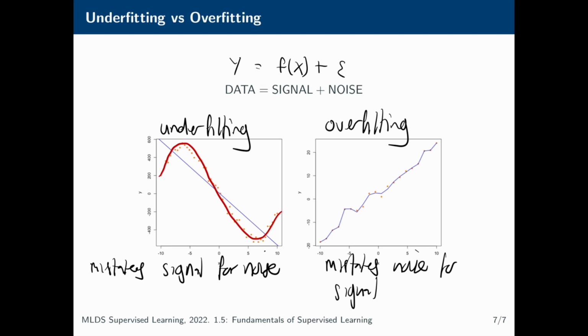And the very flexible models that one encounters in machine learning are very prone to this second mode of failure. Here what's going on is that our parametric family is too rich. It's so flexible that it accommodates fluctuations in the data that are due to the errors epsilon and not due to f. So what goes wrong here is that the model will fail badly on unseen observations.